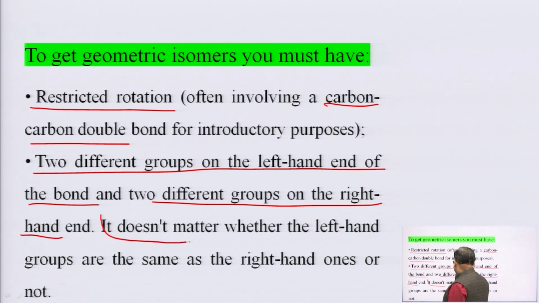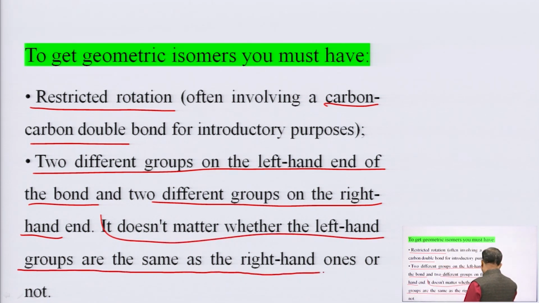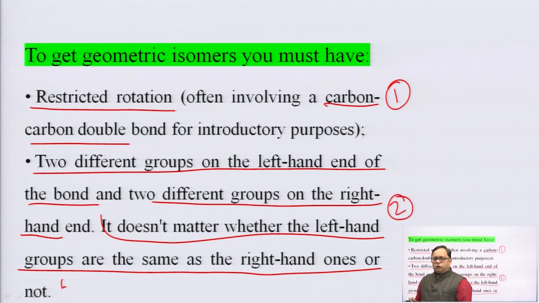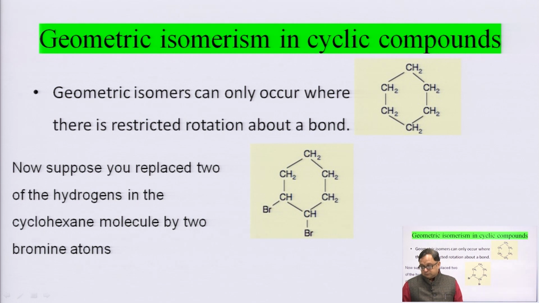It does not matter whether the left hand groups are the same as the right hand end ones or not. This is condition number 1, and this is condition number 2, means presence of a double bond and 2 different substituents at the left hand carbon and right hand carbon is required to result in geometrical isomers.